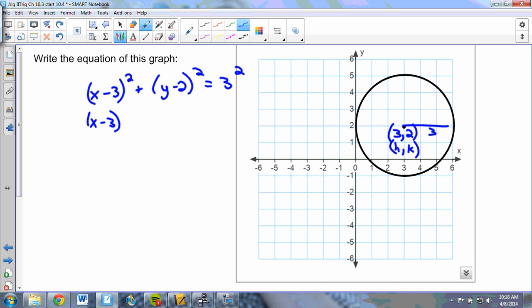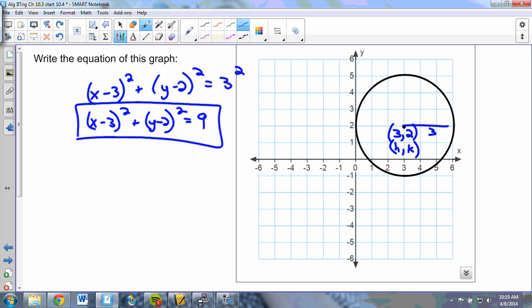And it's x minus 3 squared plus y minus 2 squared equals 9. It's the equation of that circle on the right. Any questions there?